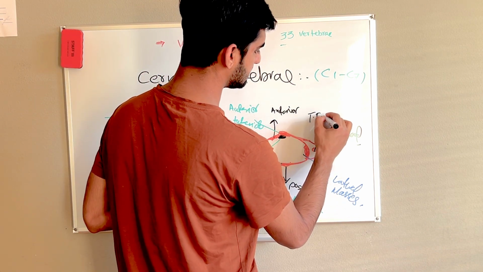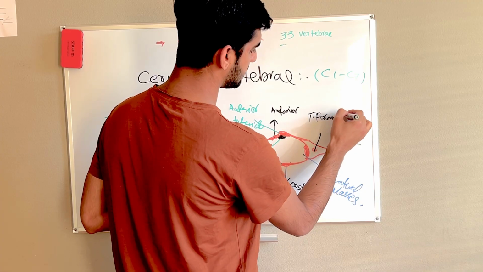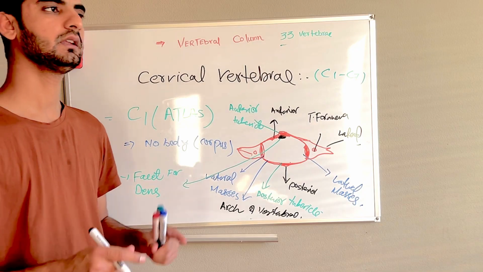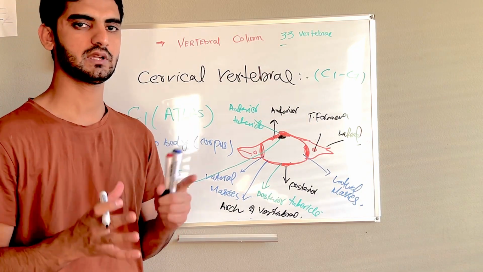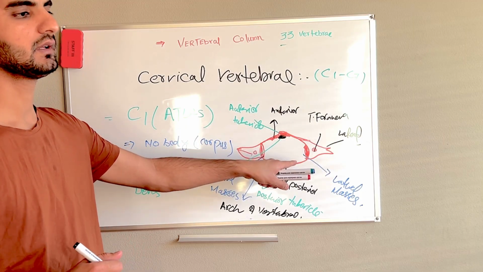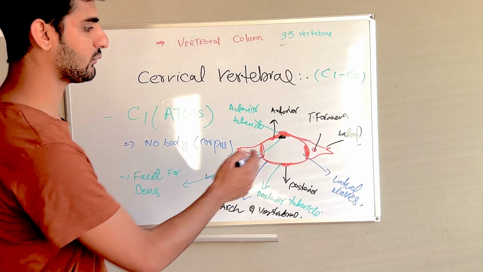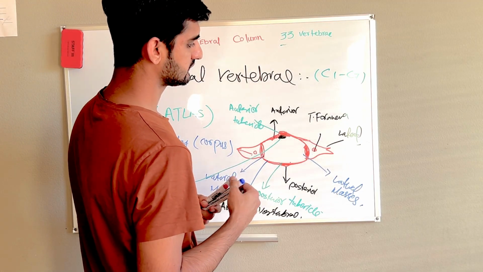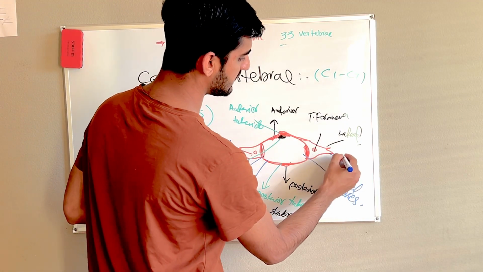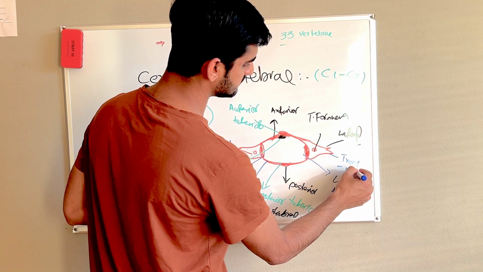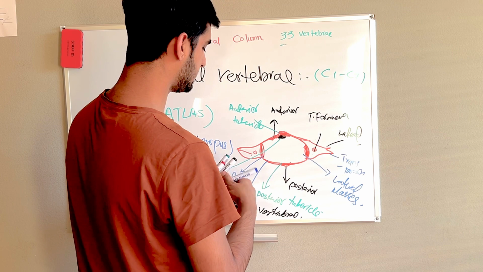Transverse foramina you can find only in the cervical region, in cervical vertebrae, and the transverse foramina are for the passage of the vertebral artery. Here the vertebral artery is passing. Lateral masses we discussed, and here we have the transverse process.